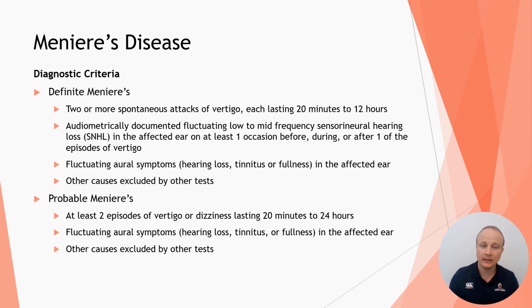So we're looking at hearing loss, tinnitus, or a fullness in the affected ear. And obviously there's nothing else causing it. Probable Meniere's is from 20 minutes to 24 hours, and we've got those fluctuations in hearing loss, tinnitus, and ear fullness. Again, nothing else is the cause.